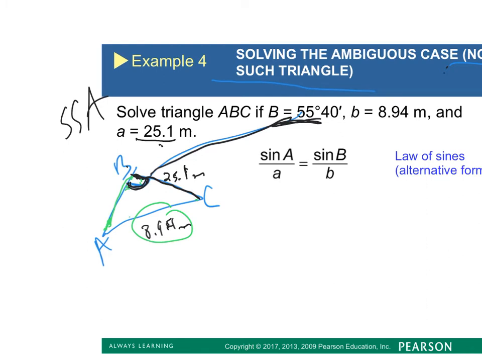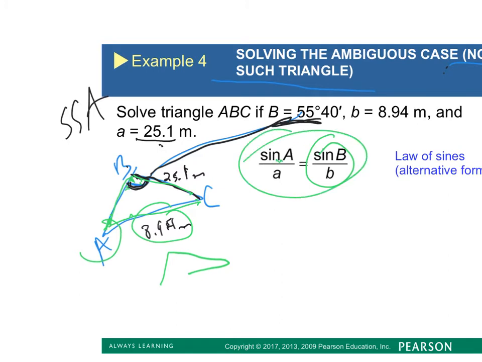Is it hanging, or is it looking like this and not long enough? The pair I had was the B pair, so I need sine of B with B. And then I have this side here, which goes across from angle A, so that's the combination proportion I need to work on.